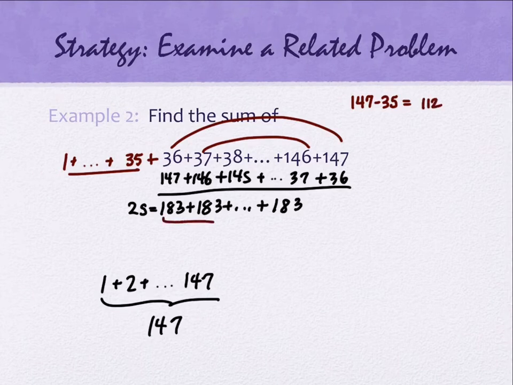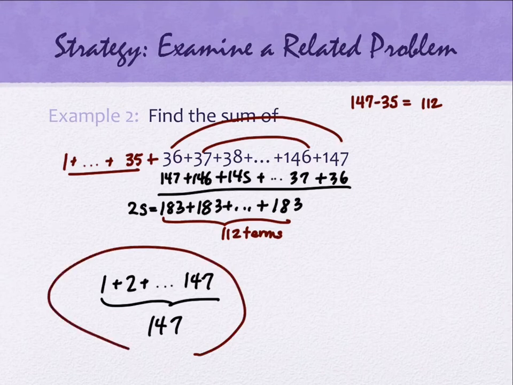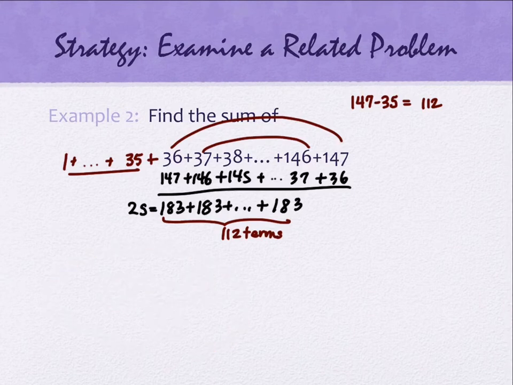So there are 112 terms. All right, so again, using a little bit more advanced mathematics than addition, we move into multiplication. It's a lot easier to multiply 183 by 112 than it is to add it that many times together.